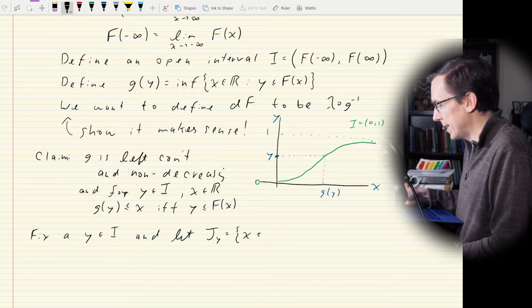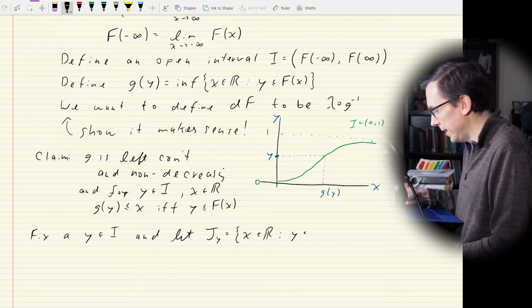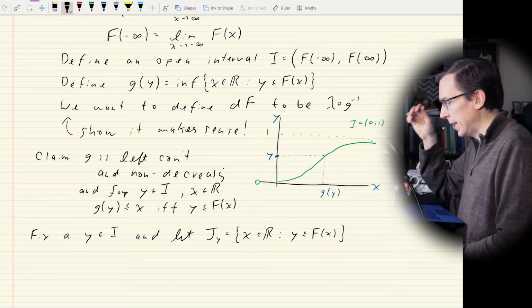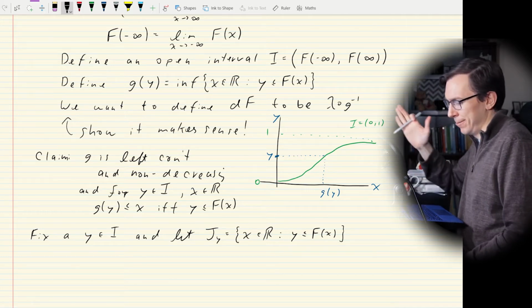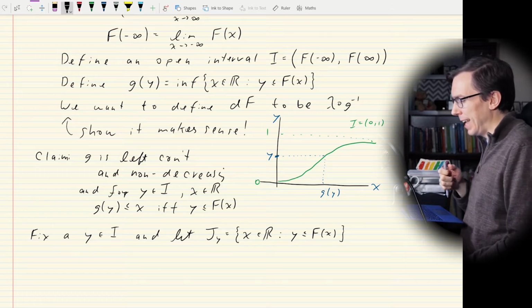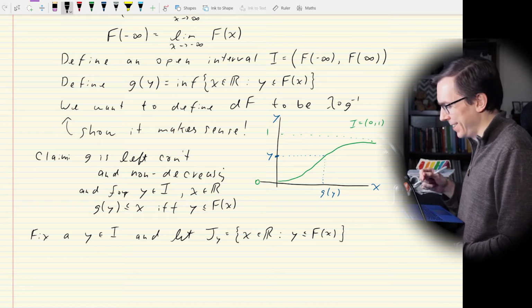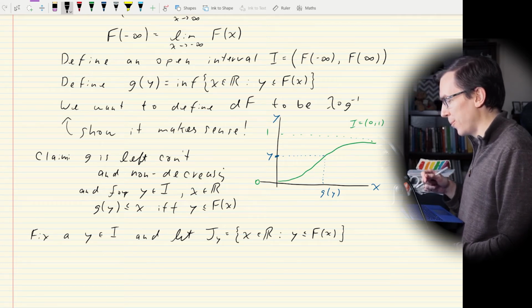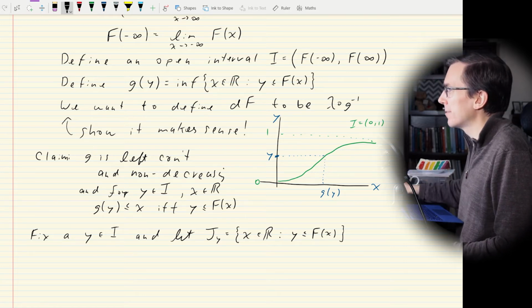Anyway, this is going to be a subset of the real line such that y is less than or equal to f of x. It's all the x's such that that holds. So in some sense, it would be like going off to the left? No, wait, I have it backwards. We want f of x to be bigger than y, so it's like going off to the right in my little picture up there.